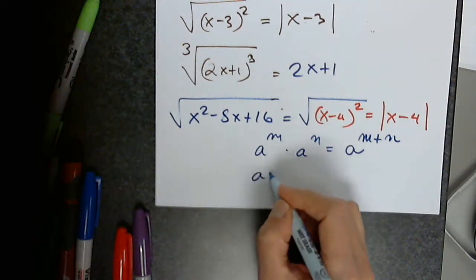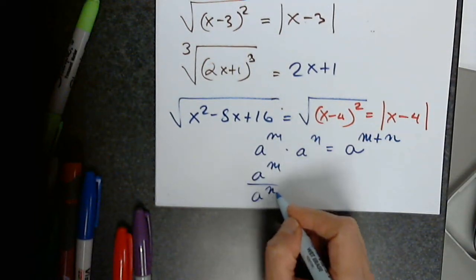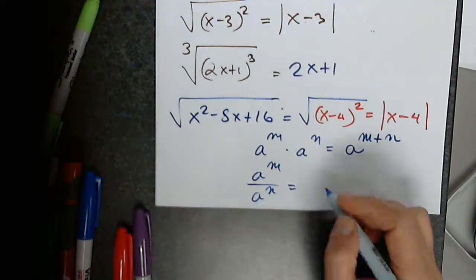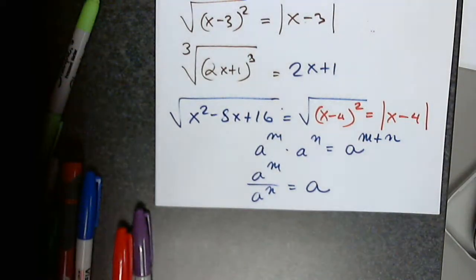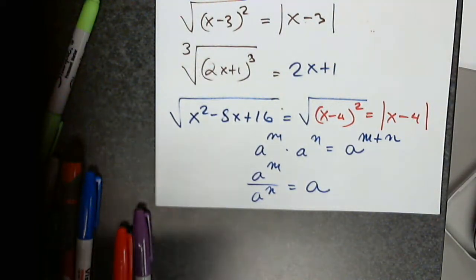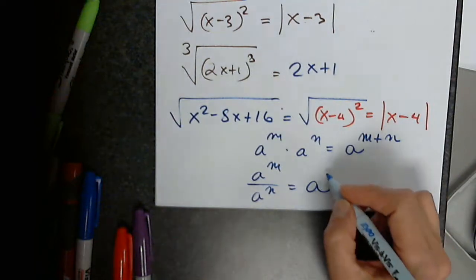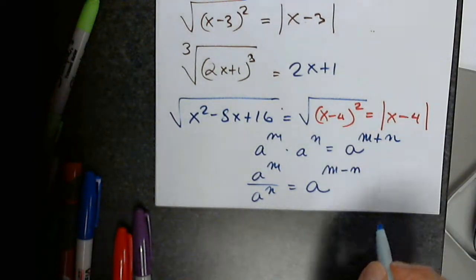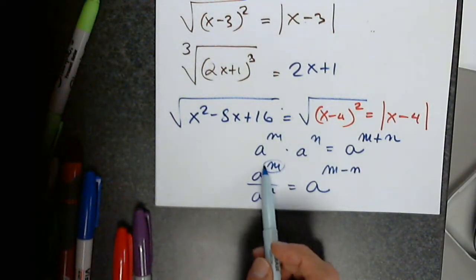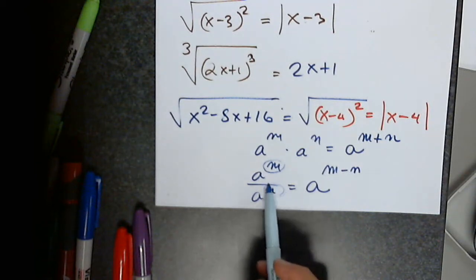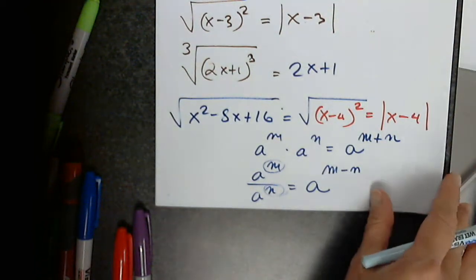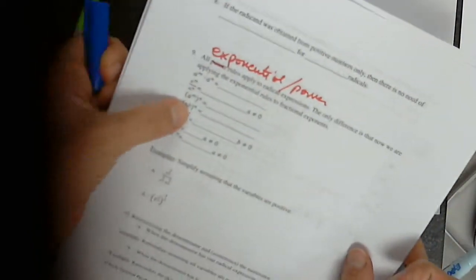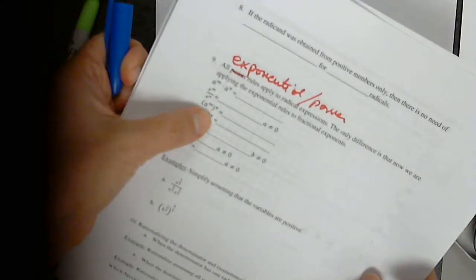When I divide, a to the mth power over a to the nth power, I copy the base, and what happens to the exponents now? Yes, in this case I subtract, and always in this order. From the exponent of the top, I subtract the exponent of the denominator. Okay, the next one. A raised to m, everything to the nth power.